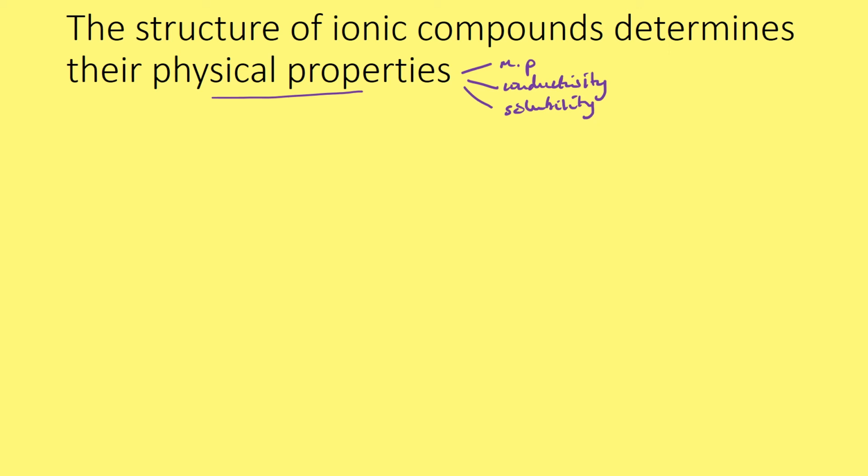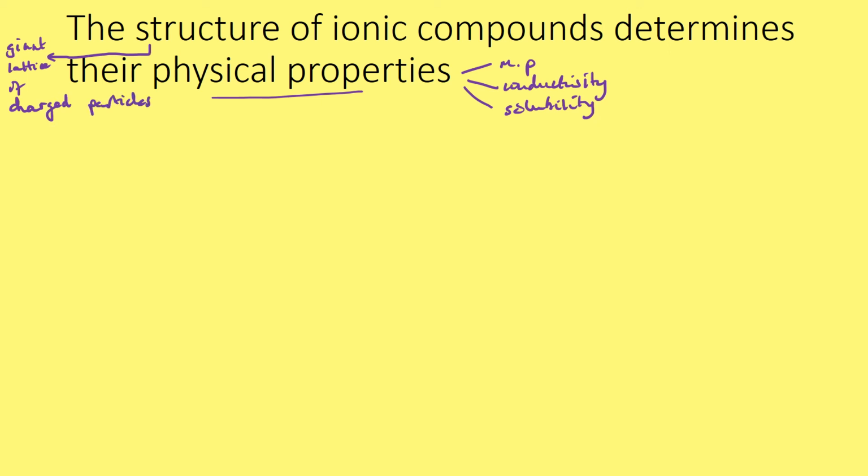And what we can say is that those physical properties of ionic compounds are determined by the structure. All right, so the structure being this giant lattice. The giant lattice of charged ions, of charged particles.